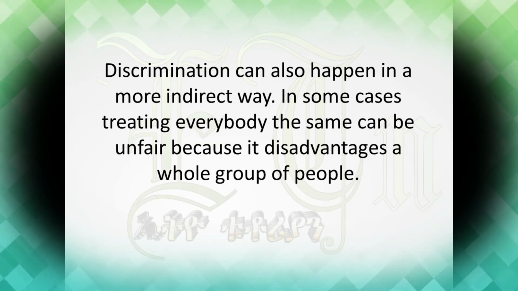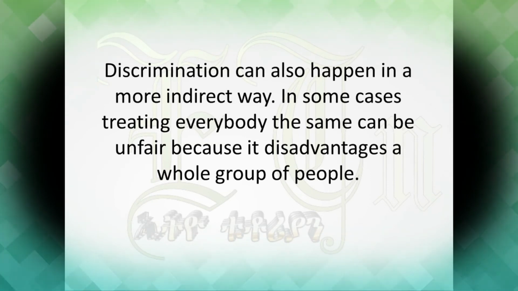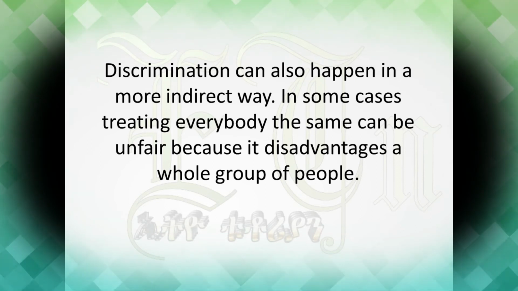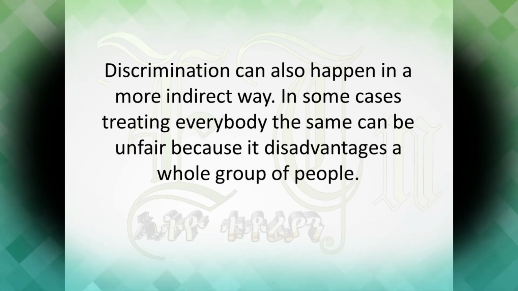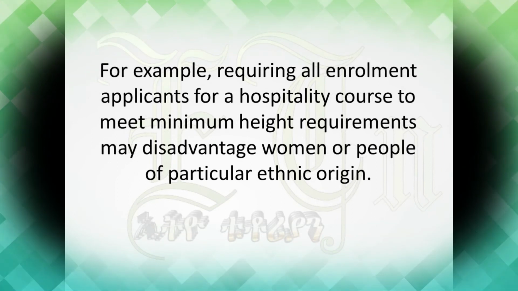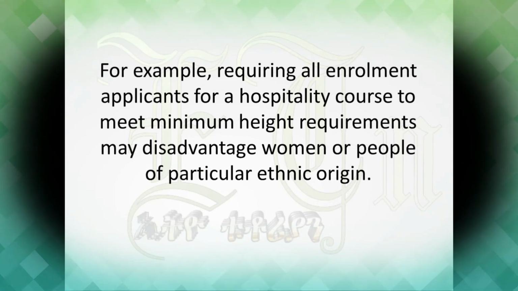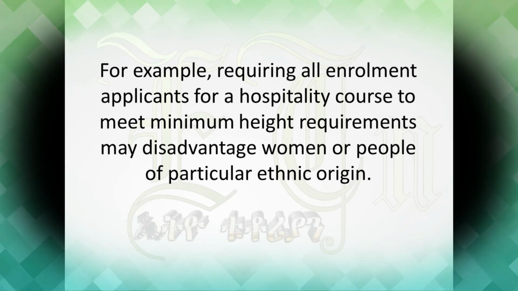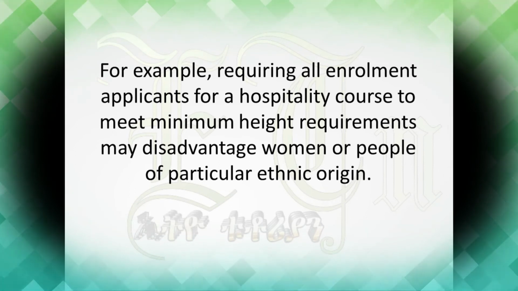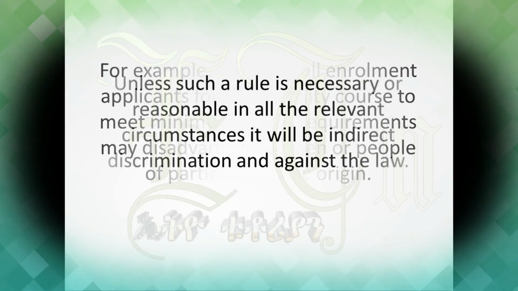Discrimination can also happen in a more indirect way. In some cases, treating everybody the same can be unfair because it disadvantages a whole group of people. For example, requiring all enrollment applicants for a hospitality course to meet minimum height requirements may disadvantage women or people of particular ethnic origin.